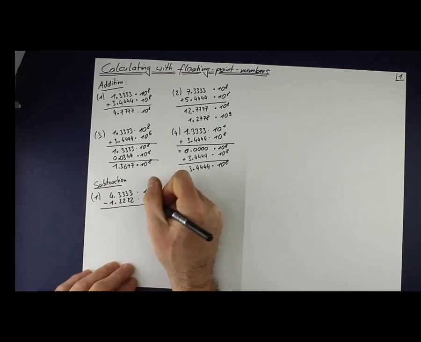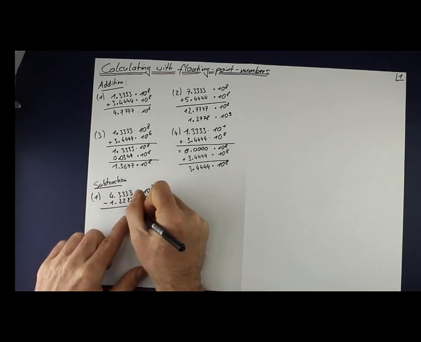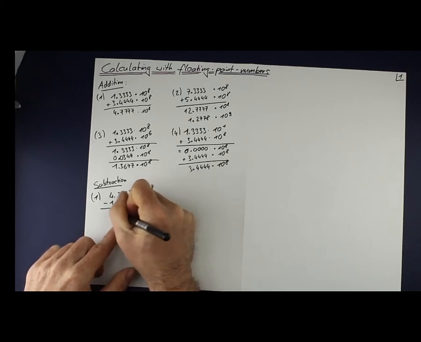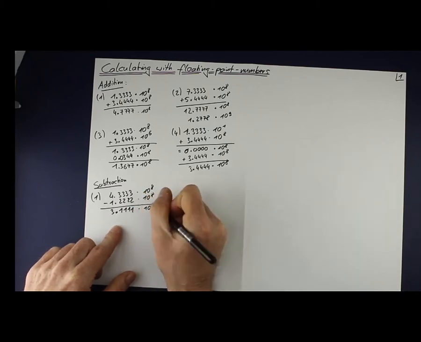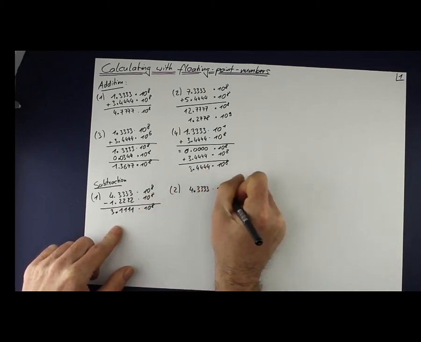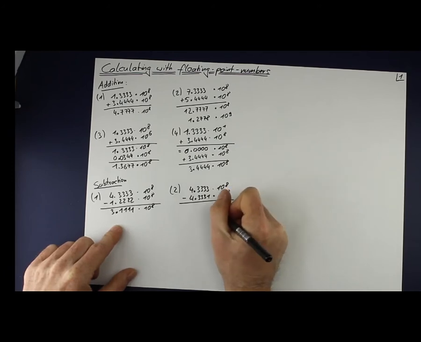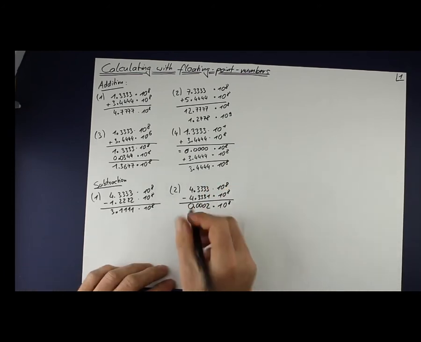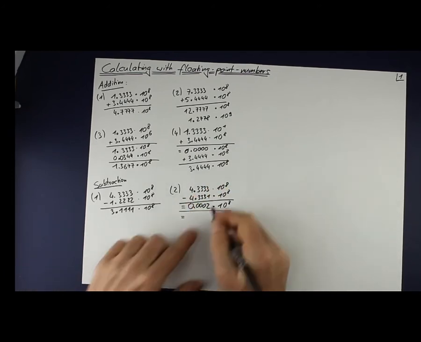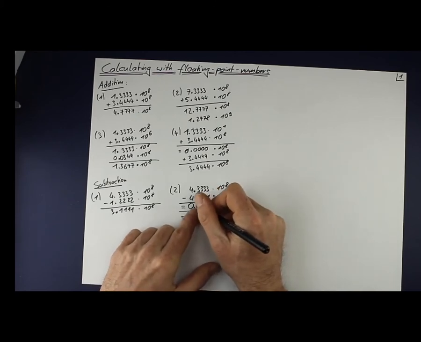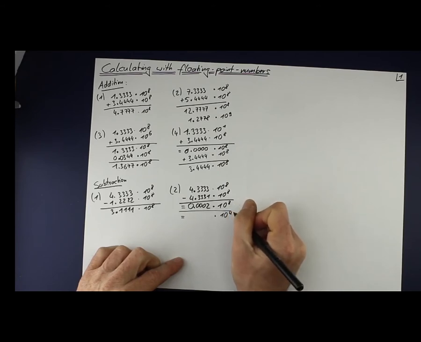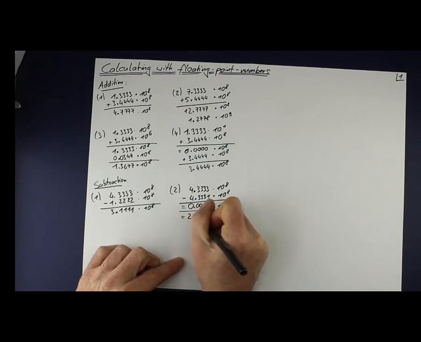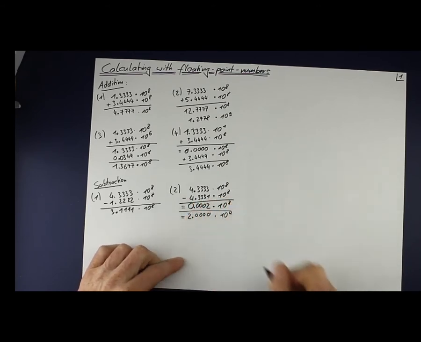It's of the same kind, so we can subtract how we learned at primary school: 1, 1, 1, 1, dot 3, and this is the result. Second example. They're of the same kind, and then we have to shift. 1, 2, 3, 4, shifted by 4, so we get 10 to the power of 4 and 2.0000.